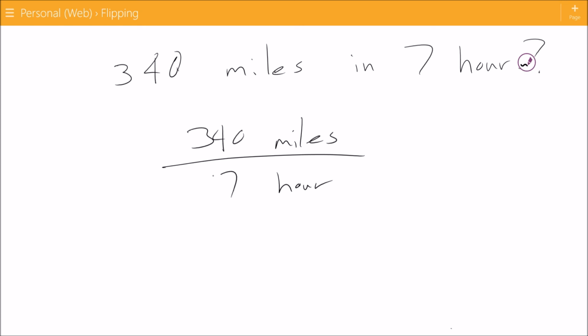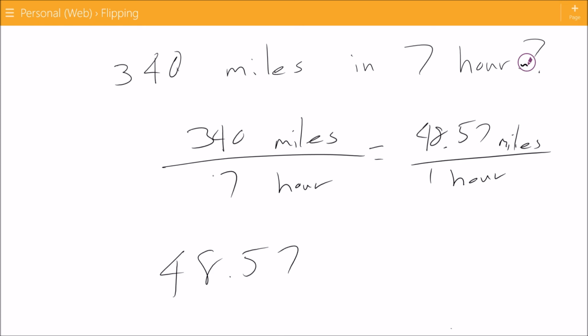Simplify this and you have your answer. That's it. That's what's so powerful about this. You end up with 48.57 miles for 1 hour, or simply put 48.57 miles per hour.